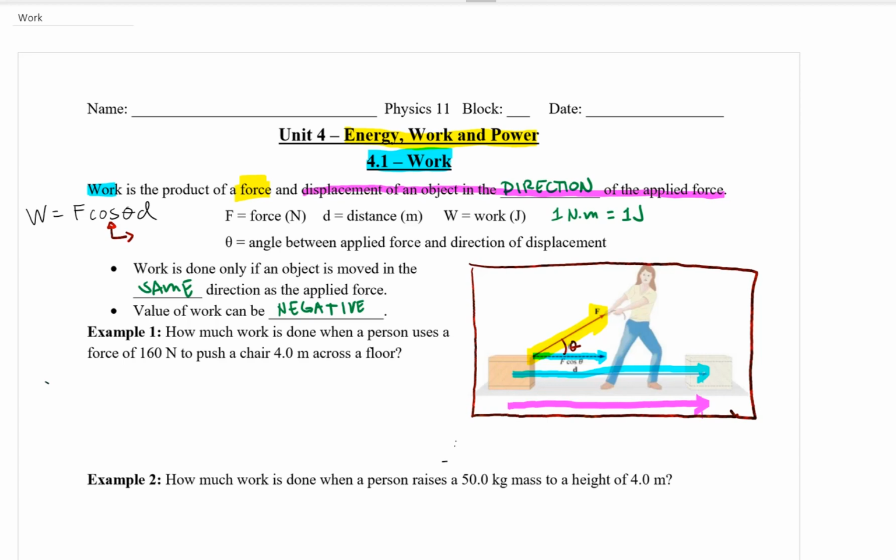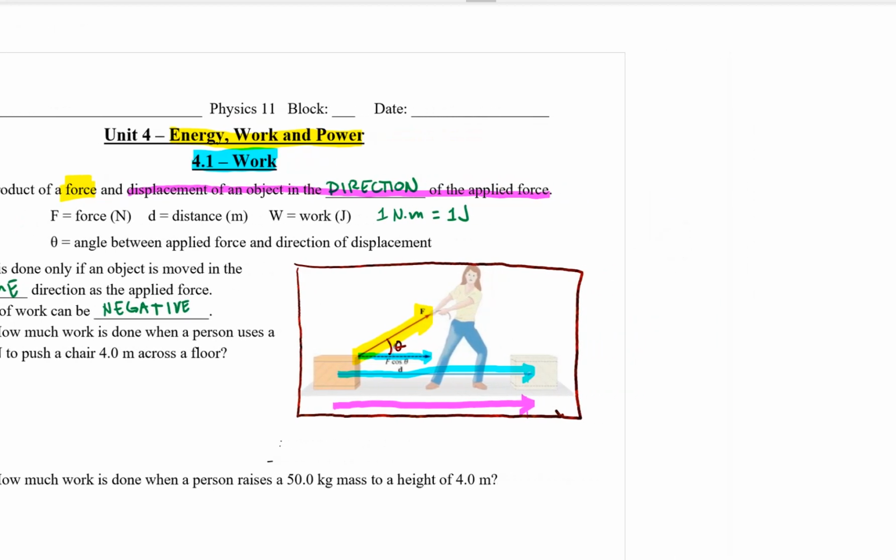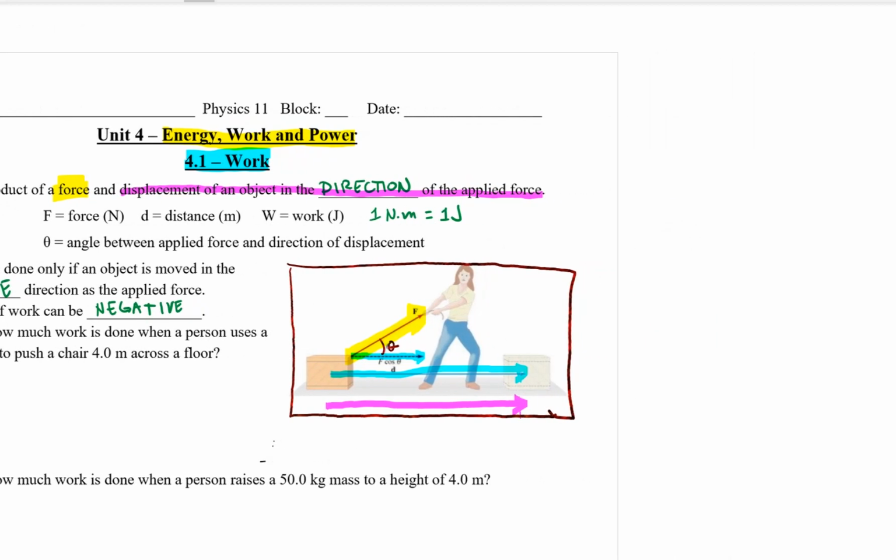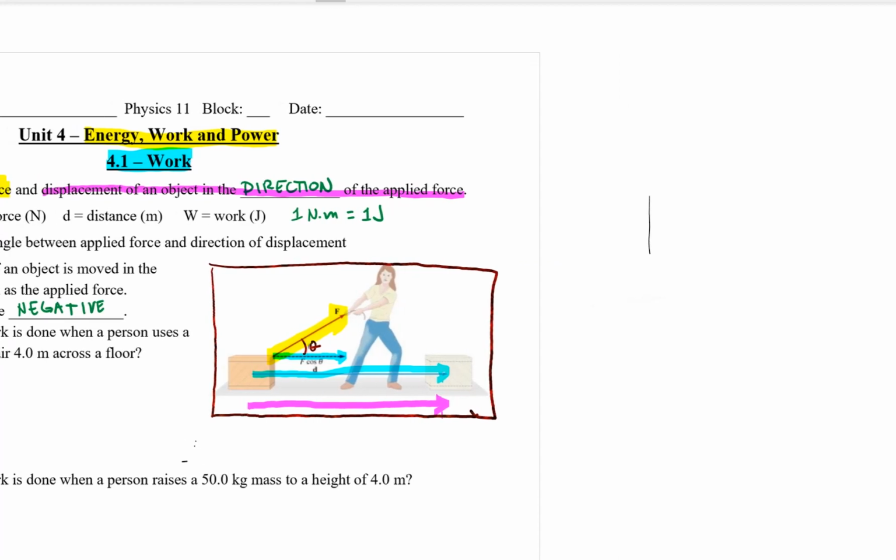If you can remember your trig, in this coordinate system here, you can represent 0 degrees, 90 degrees, 180 degrees, 270 degrees, and then 360 degrees. So this represents the angle.